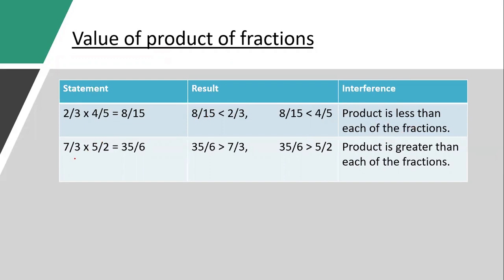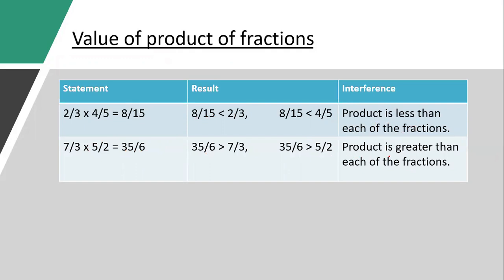In the second example, when 7 by 3 is multiplied by 5 by 2, we get 35 by 6. So here 35 by 6 is greater than 7 by 3 and also greater than 5 by 2.